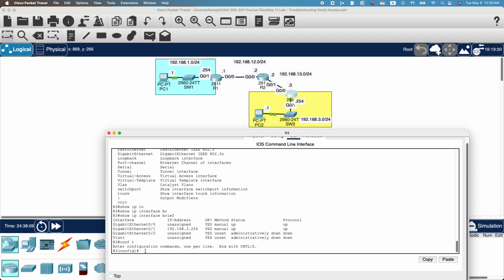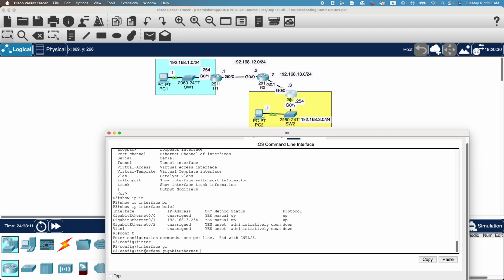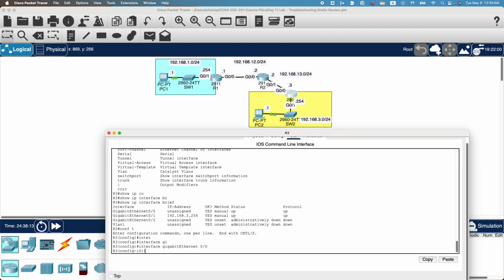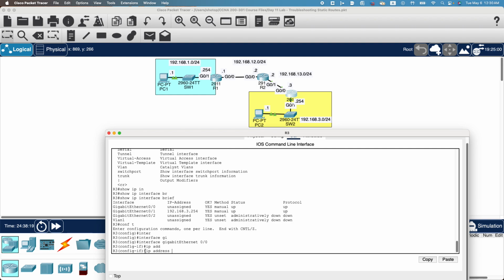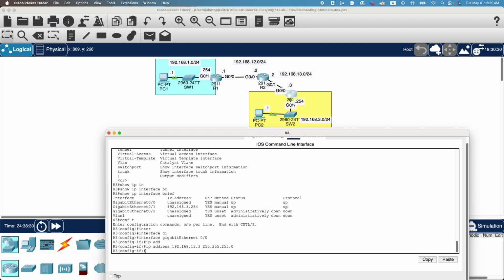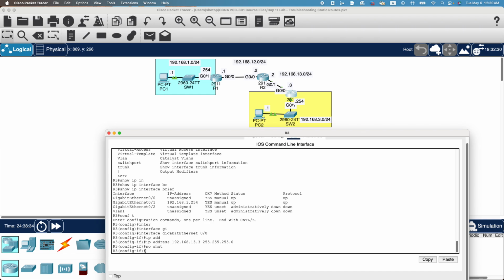Conf t, interface gigabit Ethernet 0/0, IP address 192.168.13.3, and it's a /24, 255.255.255.0. No shut. So that means bring it back up. All right.